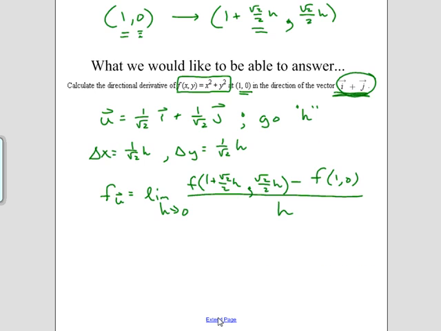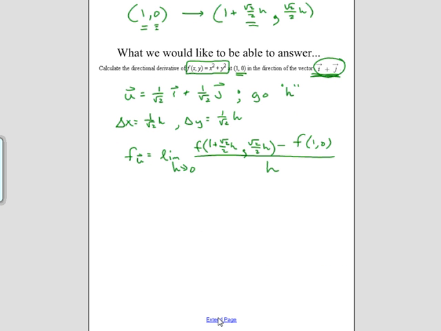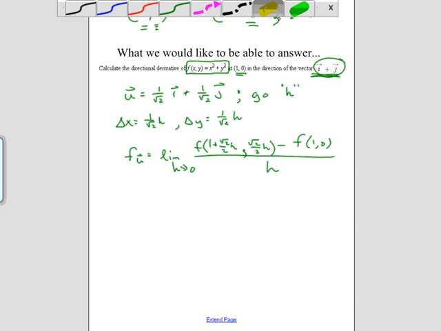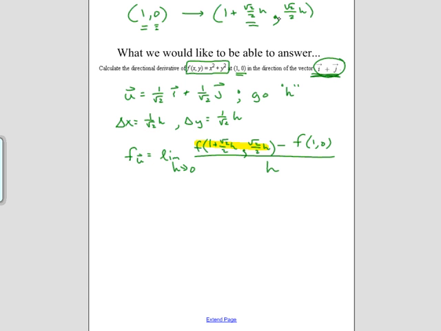All right. Well, if we evaluate that function, my z value here will equal the limit as h approaches 0. So putting that into my function, I have 1 plus root 2 over 2 h squared plus root 2 over 2 h squared.